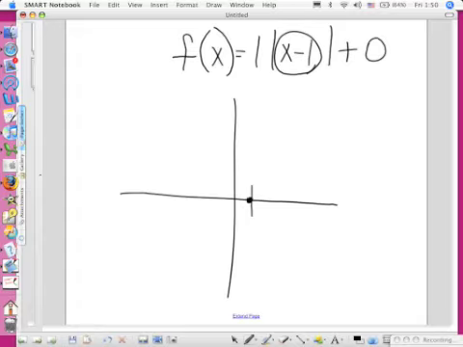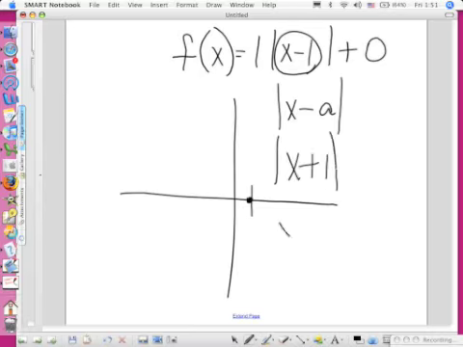Okay, let's stop and listen again to the explanation. The original equation said that we are subtracting a number from x. If you are subtracting a number and it's still subtraction, you have subtracted a positive number. If this was x plus 1, it means that I subtracted a negative number.